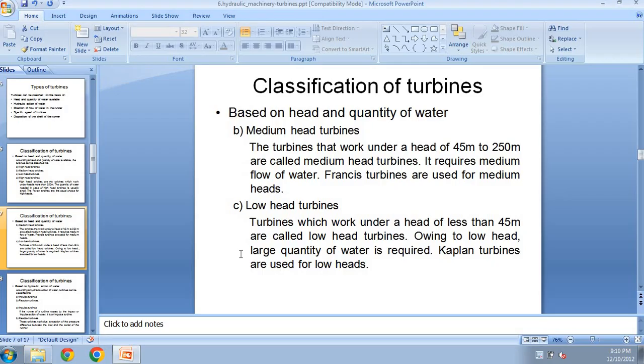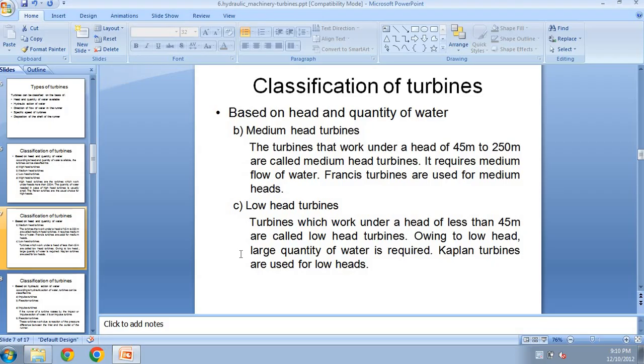It was invented by Francis, and the inventor's name is given to this turbine, so it is called a Francis turbine, or medium head turbine. The third type is the low head turbine. These turbines work under a head of less than 45 meters.